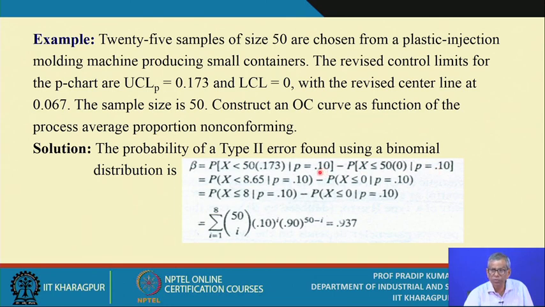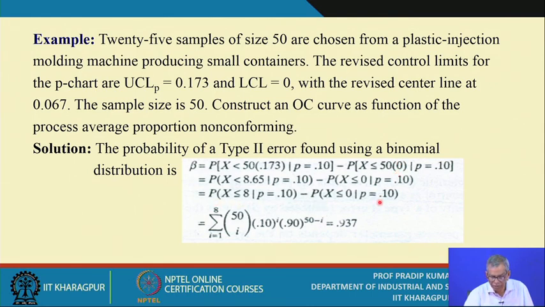With respect to p equals 0.10, I am trying to compute the value of beta. So the probability x is less than the upper control limit, where 50 is the sample size, and this is the lower control limit, which is 0.